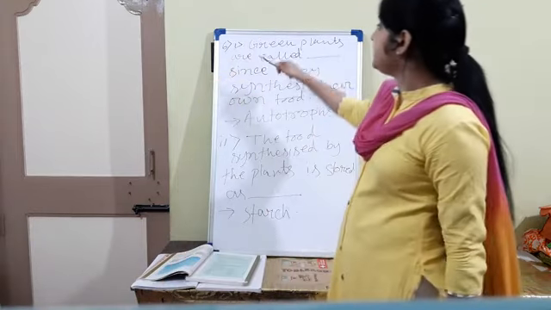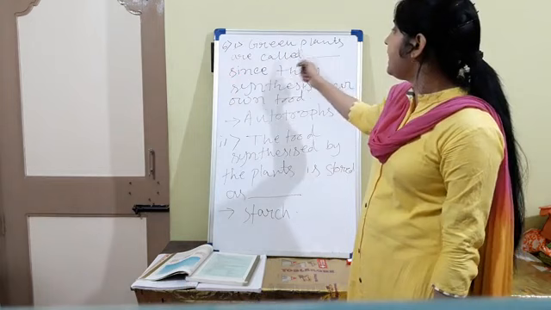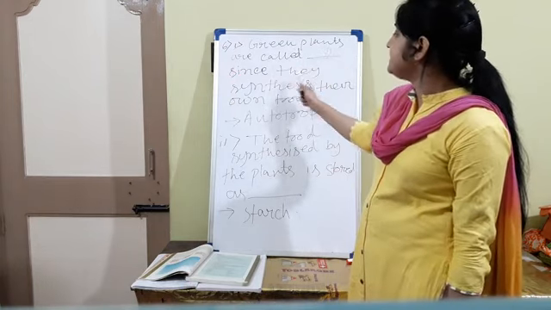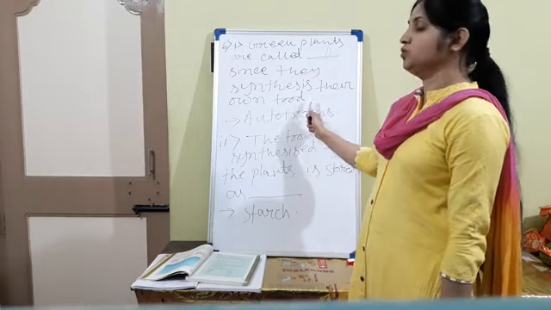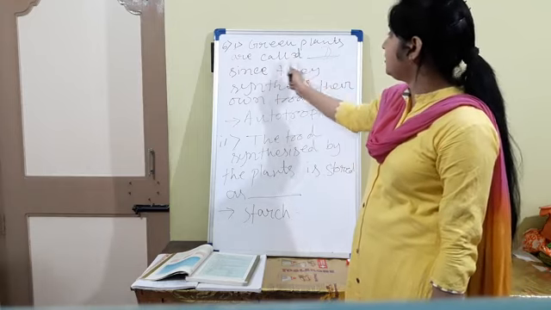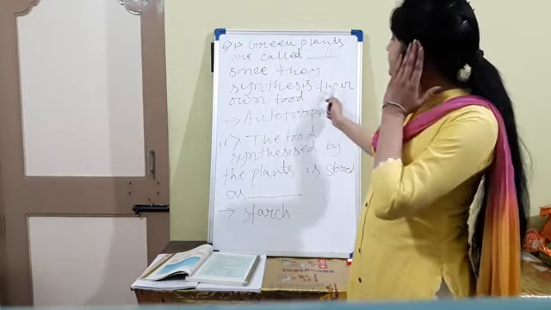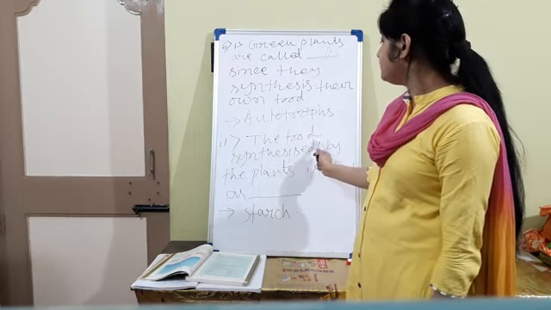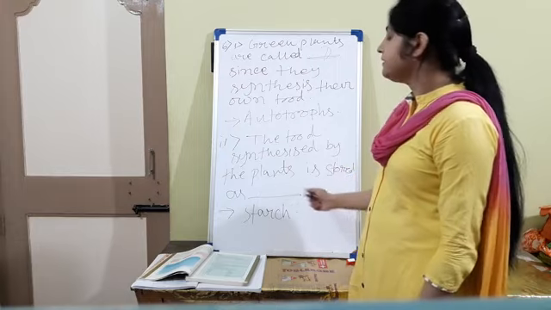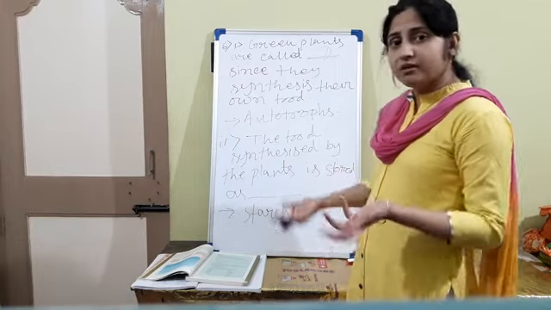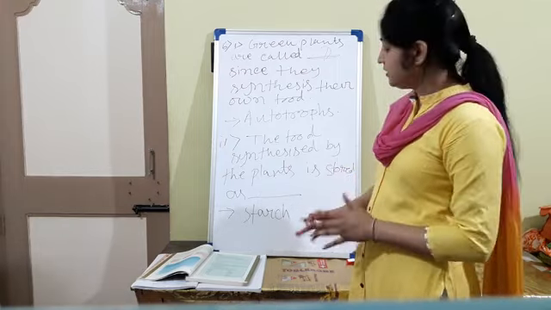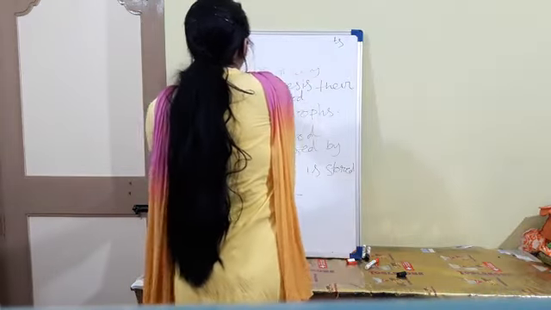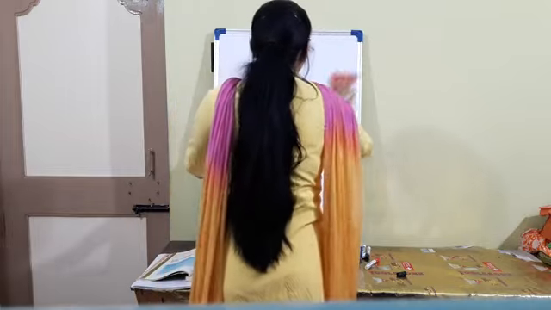So the first fill in the blanks, I repeat: green plants are called dash since they synthesize their own food. Green plants are called autotrophs since they synthesize their own food. Next fill in the blanks, the food synthesized by the plants is stored as starch, a carbohydrate. All of you know that? That is the starch in the leaves. They store their food as starch in their leaves.